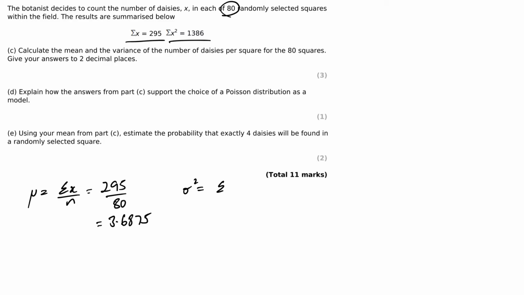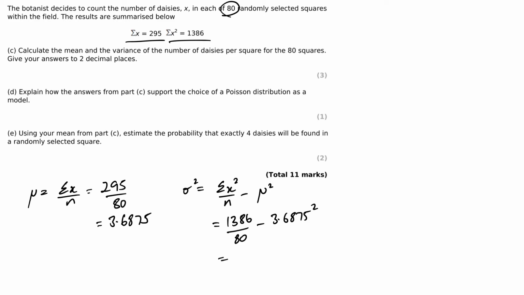So the variance is going to be the sum of x squared over n minus the mean squared. So we've got 1386 over 80 minus 3.6875 squared. Very straightforward then.